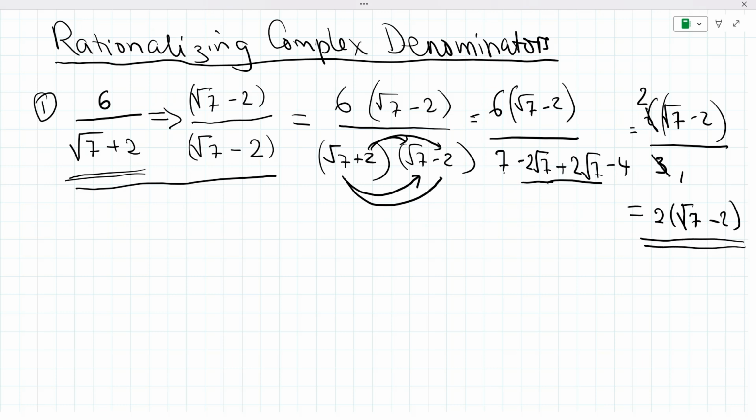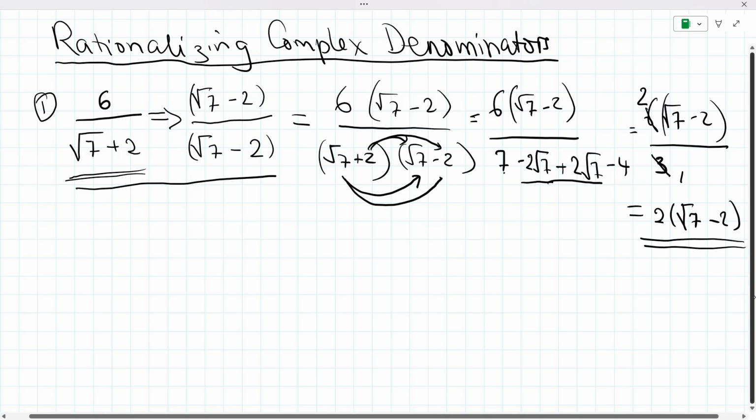All right? Okay, so let's try to work out a second example and see where it takes us. Let's suppose we have root 3x minus root 2, and this is being divided by root 3x plus root 2.